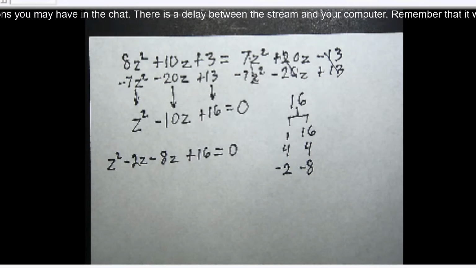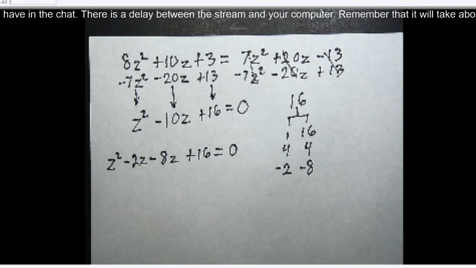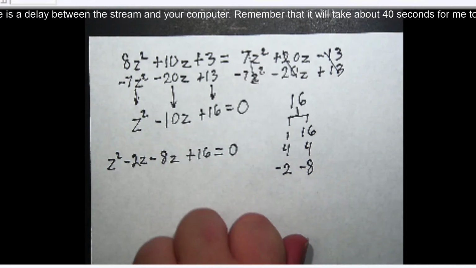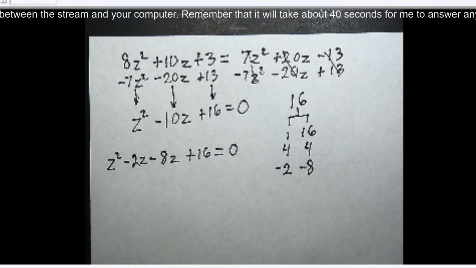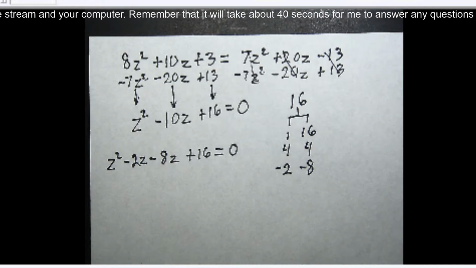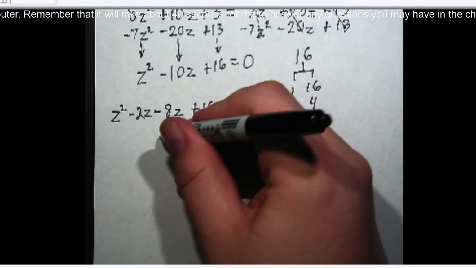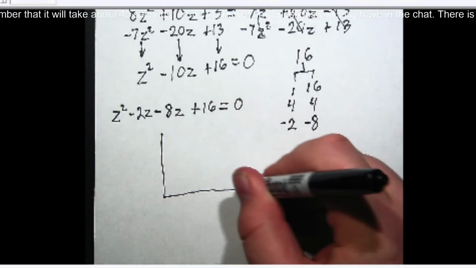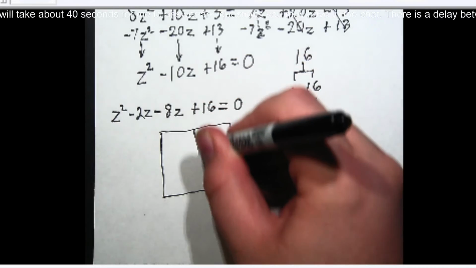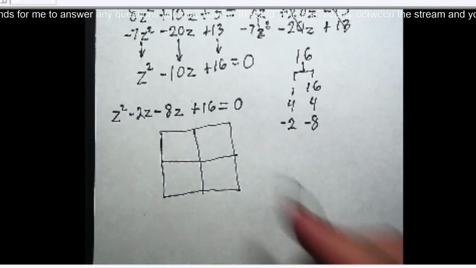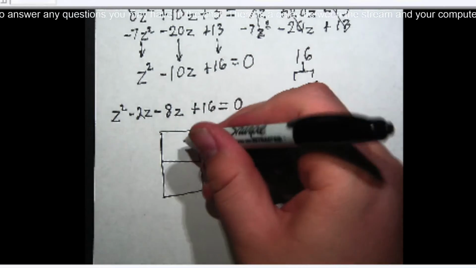Again, at this point, we could use our shortcut method. Our A is positive 1, so we can go directly to our factors. But I want the practice with the box method, so let's do the box method. Okay, so first term goes in the first box, z squared.